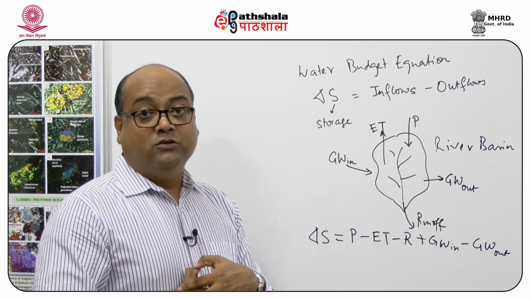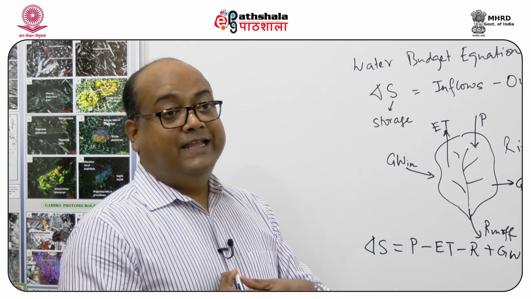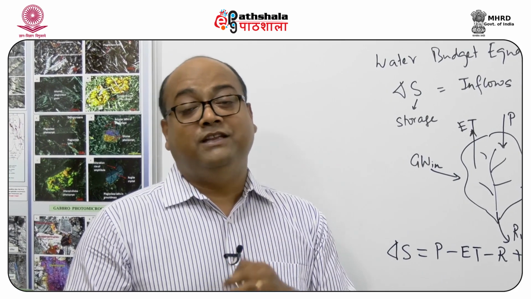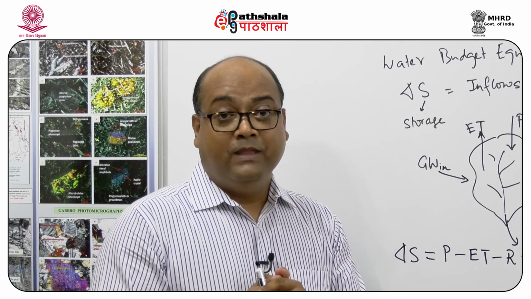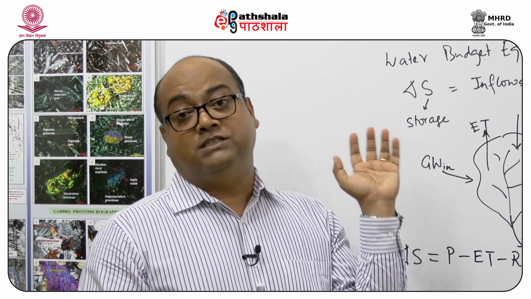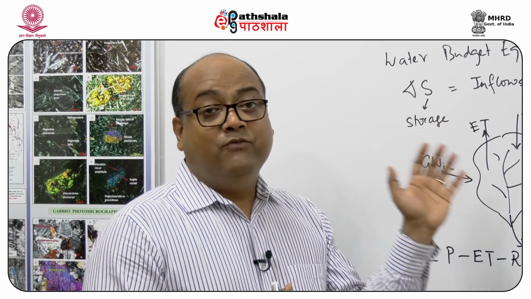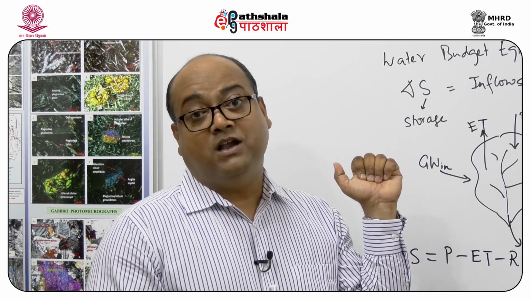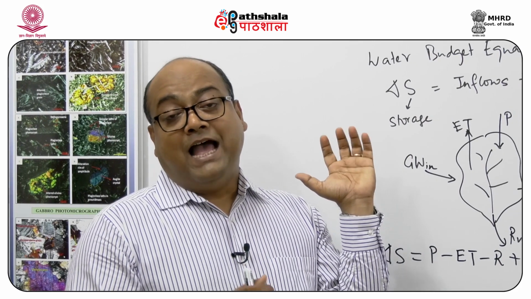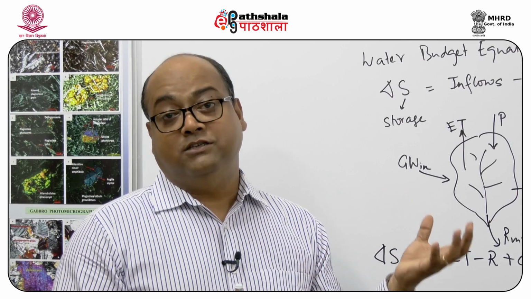So I would like to summarize by saying that in this module we briefly talked about the importance of water, and we discussed two major concepts. One is the hydrologic cycle, and even though the diagram we have drawn is very simplistic, we have to understand that the diagrams are much more complicated when we try to put numbers into them.